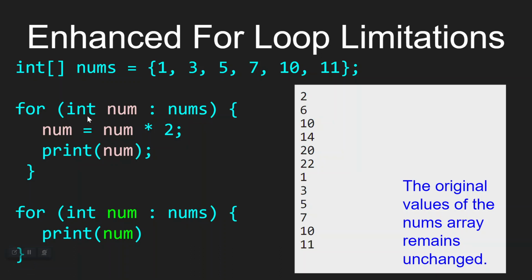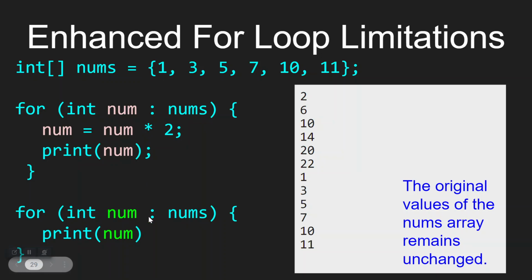And so when you say num equals num times 2, this basically makes a copy of this value right here, multiplies it by 2, and then it's printing the copy of that original value. But the original value remains unchanged. When you loop back through down here, the value of num has not changed.